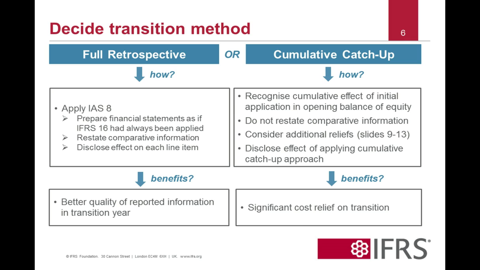The first big relief under the cumulative catch-up approach is that a lessee applying this alternative does not restate its comparative information. Instead, it calculates the net effect of applying IFRS 16 on the first day of the first accounting period in which the new standard is applied, and recognises that as an adjustment through retained earnings or other relevant part of equity.